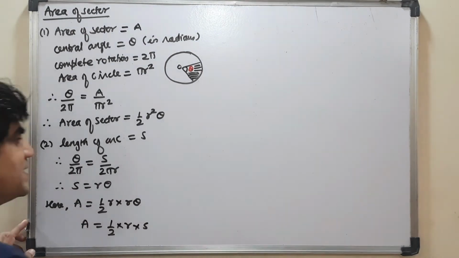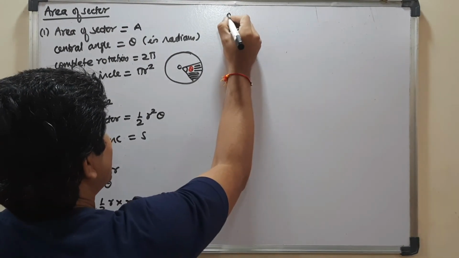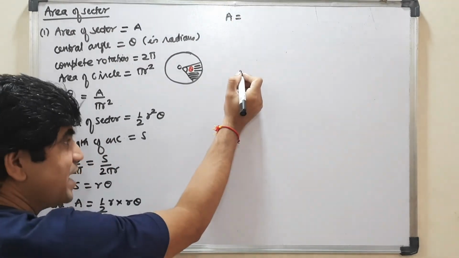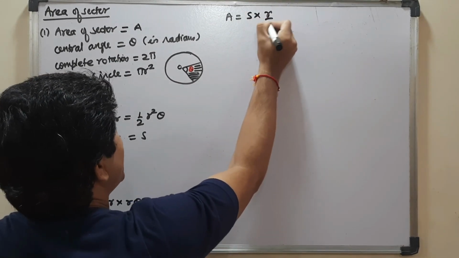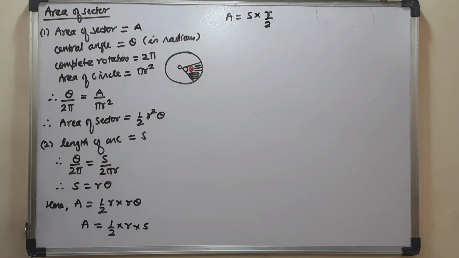That means I can say that area of sector is equal to length of arc into half radius. That is area of sector is equal to length of arc into half radius.